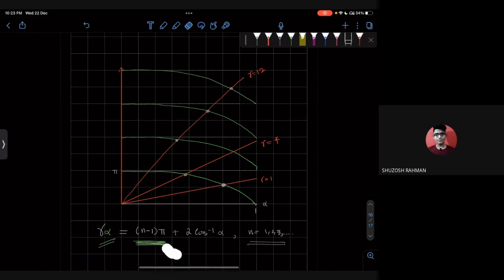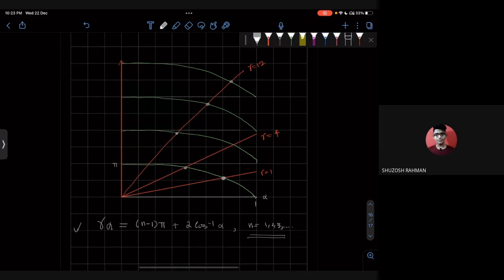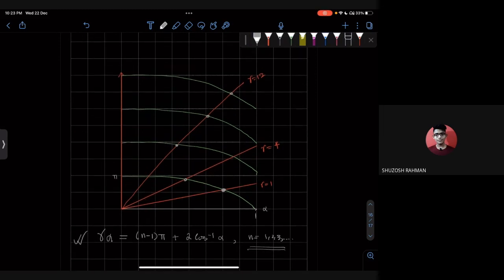Transcendental equations are kind of hard to solve. So the idea is that you don't have a closed form solution for your energy eigenvalues. All you've managed to do is to find a constraint on the energy eigenvalues, and this transcendental equation is that constraint.